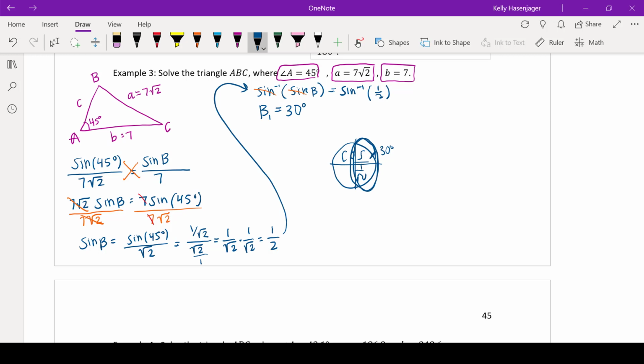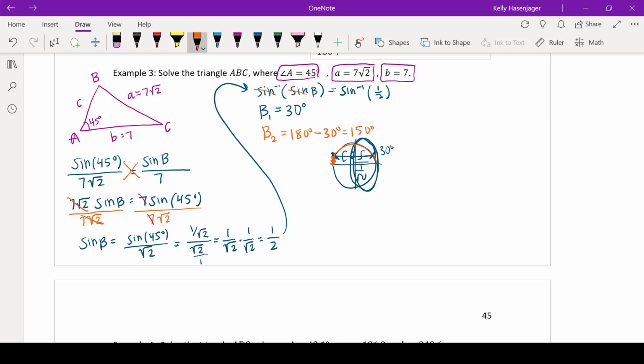Cool. Come over to the other side, directly across, that y value is going to be the same over here. So to find that angle, we're going to do 180, so all the way, minus the 30 degrees, so minus this little piece to give us that angle. So b sub 2 is going to be 180 degrees minus 30 degrees, which is 150 degrees.